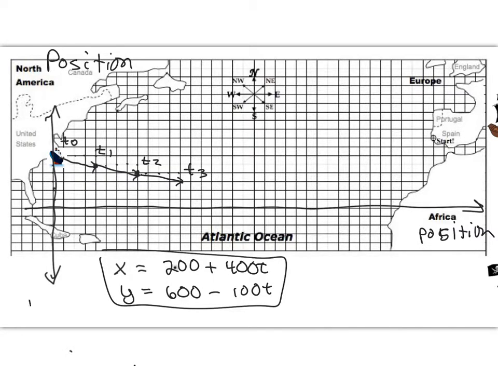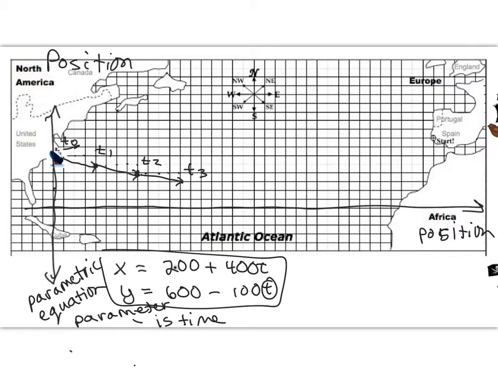This is called a parametric equation. And the parameter in my parametric equation is this here, and that's time. And that defines position anytime after my initial time, t0.